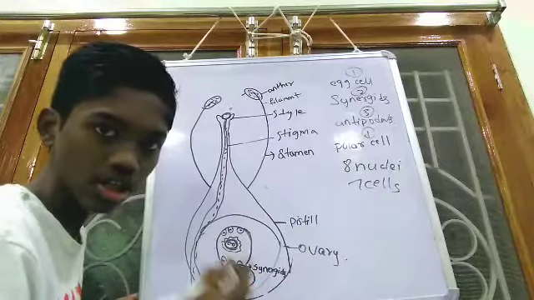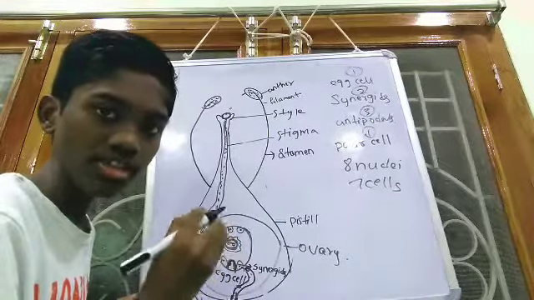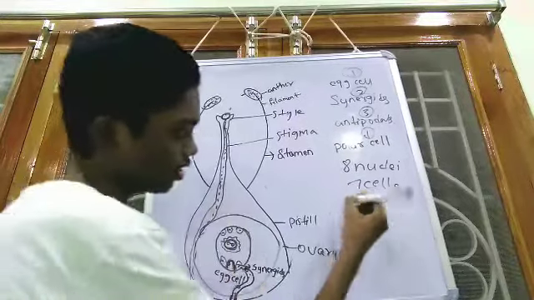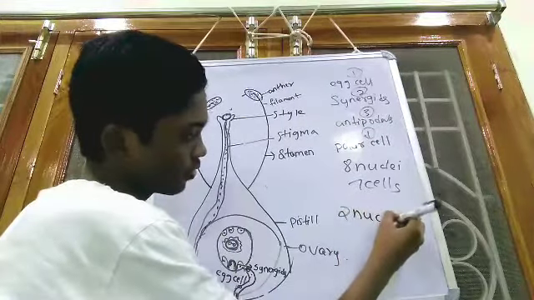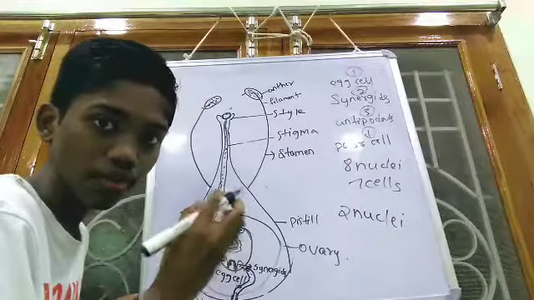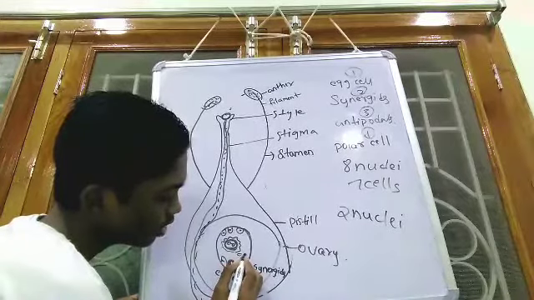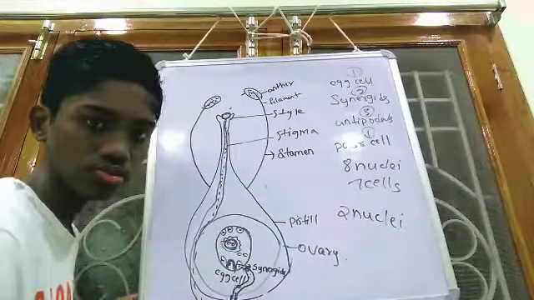It will reach the end of the ovule, and that pollen grain will supply two nuclei. Here if you observe, nucleus number 1 and nucleus number 2.